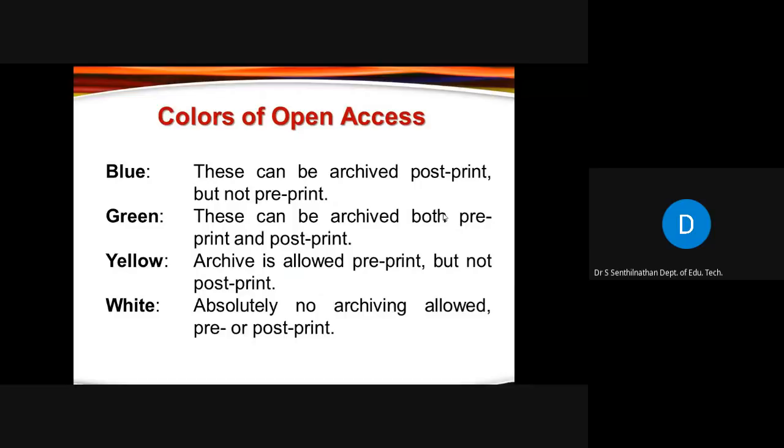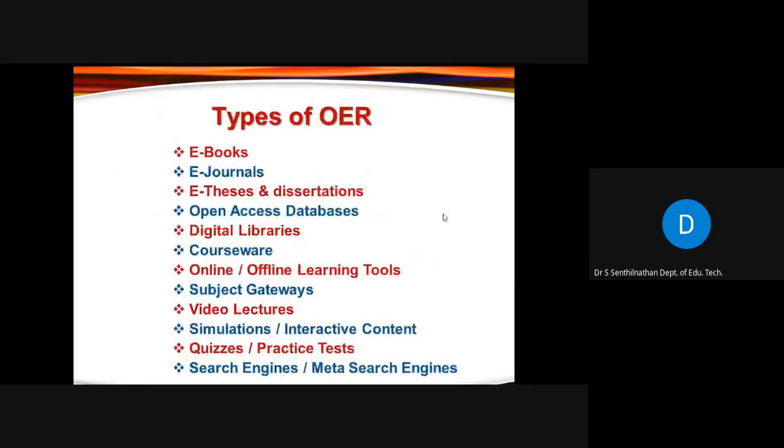So now, coming to the types of OER, the different types of OER available are plenty. I have just listed a few, like e-books, e-journals, ETD, the so-called electronic theses and dissertations, open access databases, digital libraries, courseware, online and offline learning tools, subject gateways, video lectures, simulations, interactive labs, contents, quizzes, practice tests, search engines, meta search engines, like that, plenty.